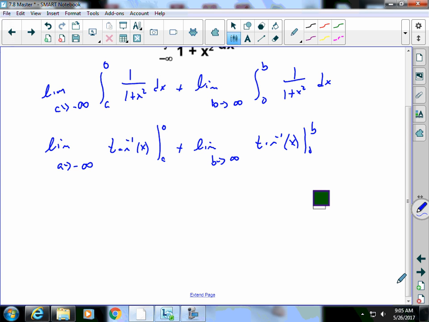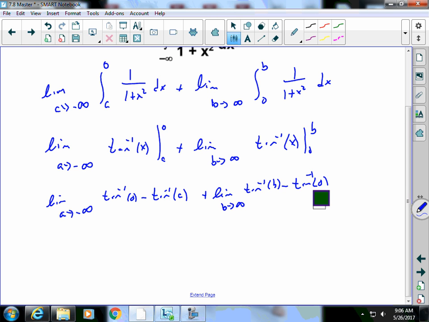This is going to be the limit as a approaches minus infinity of the arctan of 0 minus the arctan of a, plus the limit as b approaches positive infinity of the arctan of b minus the arctan of 0. Well, that's a 0. That's a 0.